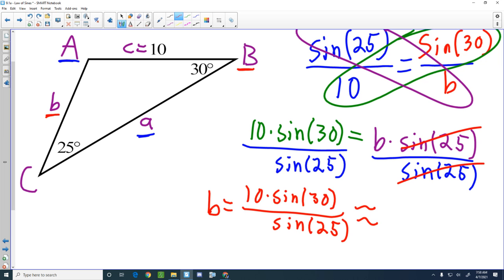What do we need to make sure about our calculators before we start using trigonometry? Degree mode. Yeah, remember, check your mode. Make sure you're in degree mode.